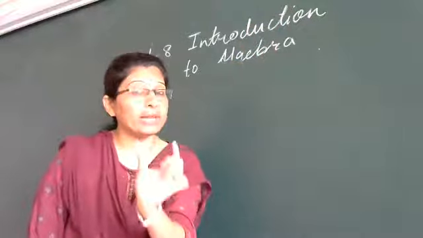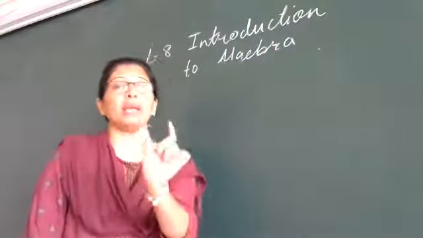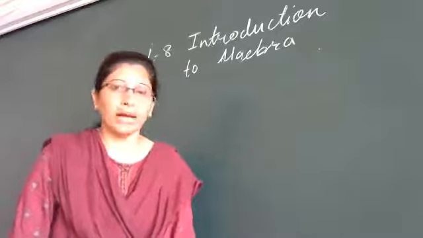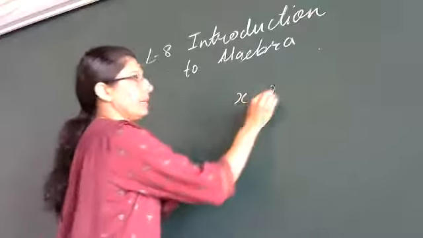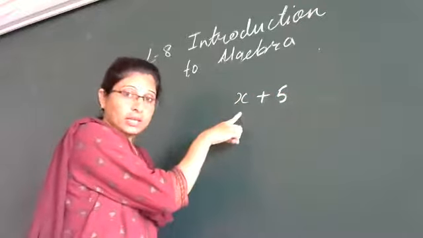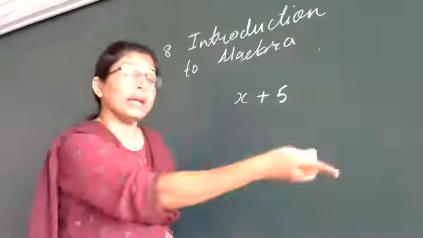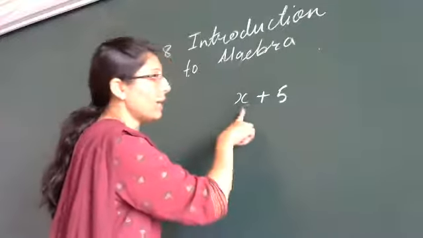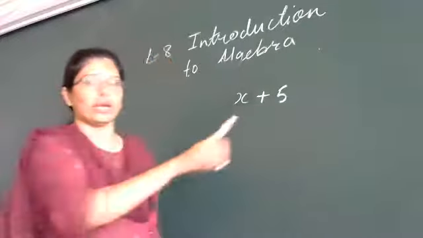How will you write this in variable form? X plus 5. Yes, very good. That means your present age is X, and after 5 years means it will be addition. So after 5 years we can write as X plus 5.